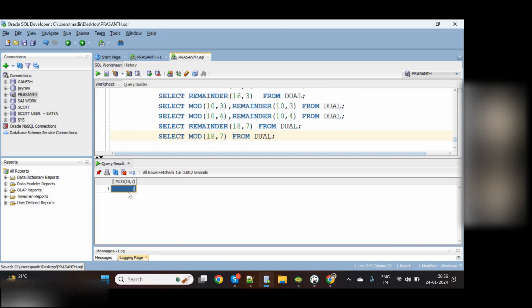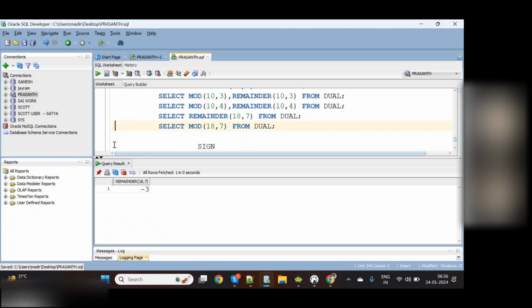But remainder picks the nearest one and gives the negative value. Sometimes we get negative values with remainder in the database, so we go with mod, because mod always gives a positive remainder, not the negative. Clear now about mod.